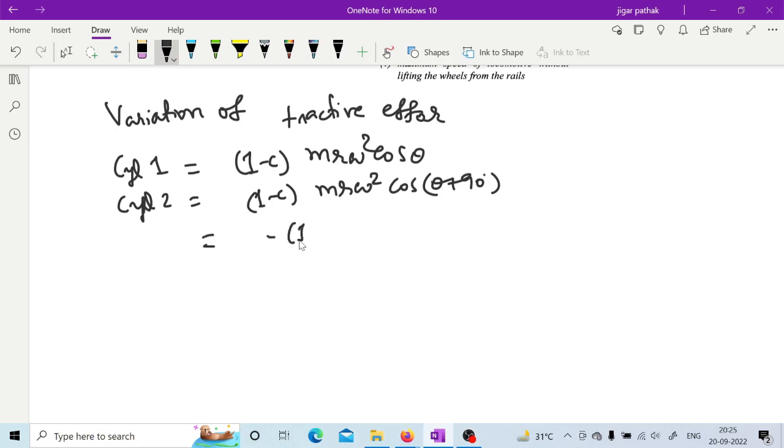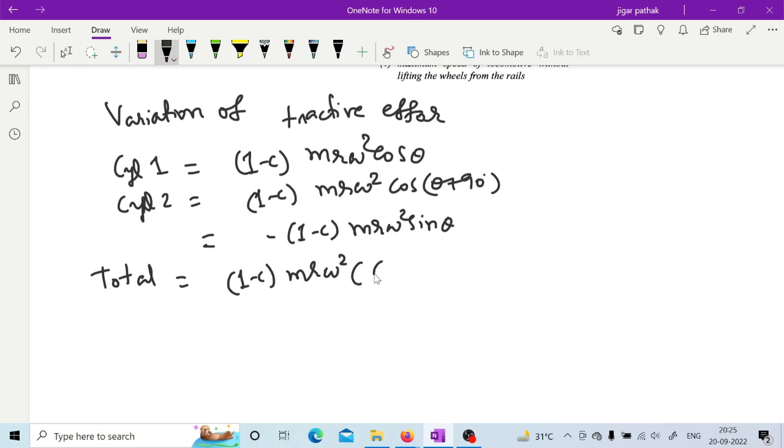If you further simplify, then it will be minus (1 minus c) m r omega square sine theta, right? So total variation of tractive effort will be (1 minus c) m r omega square (cos theta minus sine theta), right?